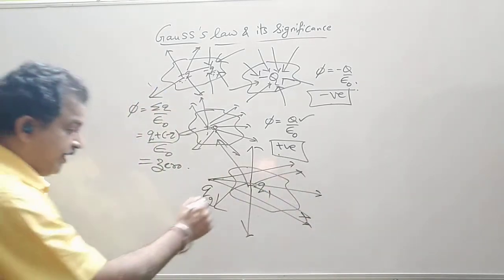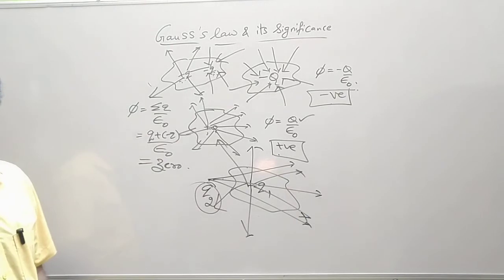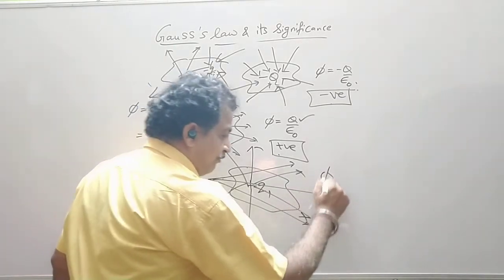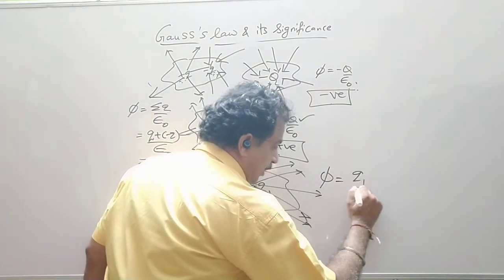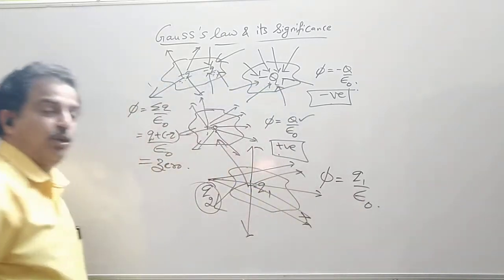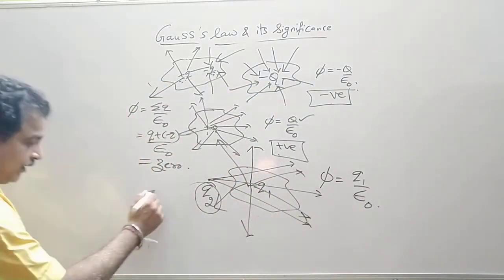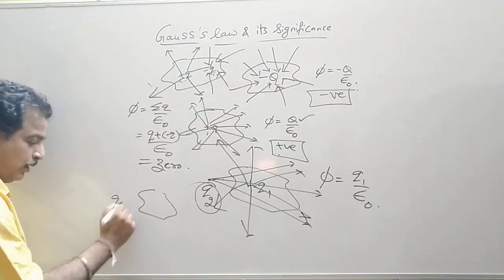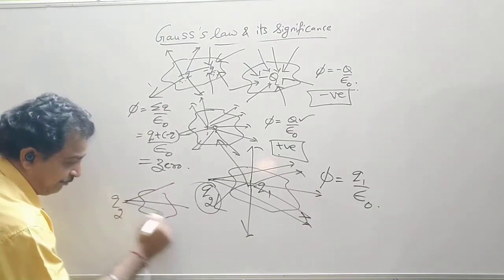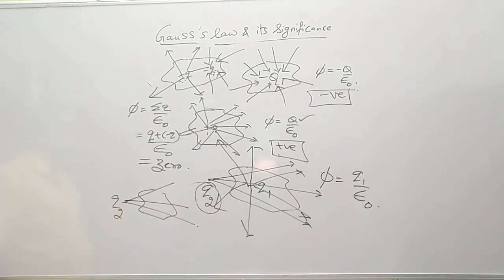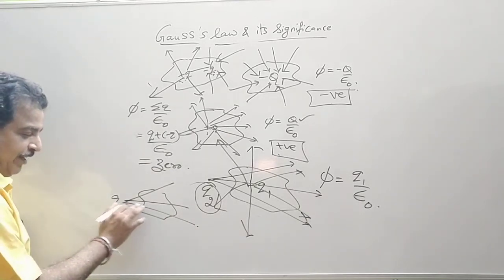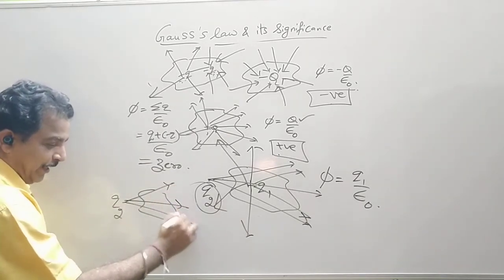So the flux linked with this q2 comes out to be 0, and your flux will be written simply as q1 upon epsilon naught, because for the outside charge, if I draw q2 separately, say 2 or 3 field lines pass through the surface. So 3 field lines enter and 3 field lines emerge.